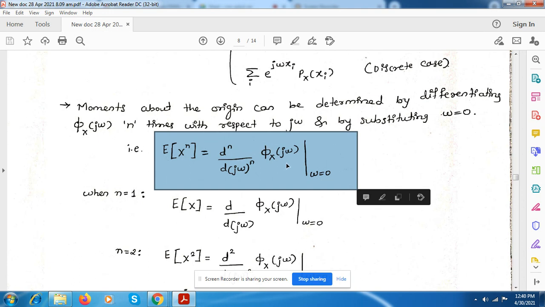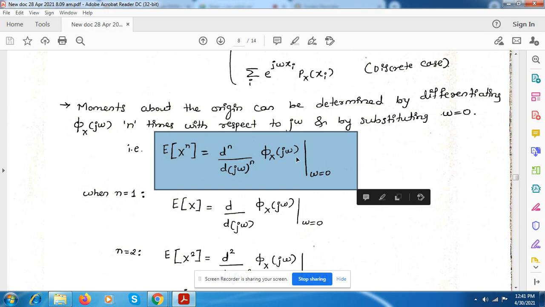Here the characteristic equation is differentiated with respect to j omega n times, because it is the nth order moment, and then omega is equal to 0 is substituted.